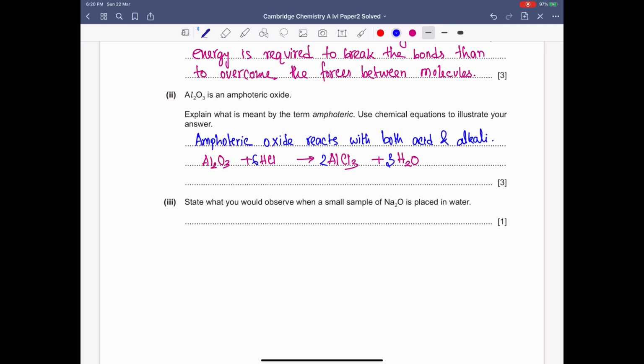The equation is balanced. Now the second equation that we're going to show is aluminium oxide reacting with NaOH. Whenever aluminium oxide reacts with NaOH, it also reacts with water along with it to produce NaAl(OH)4.